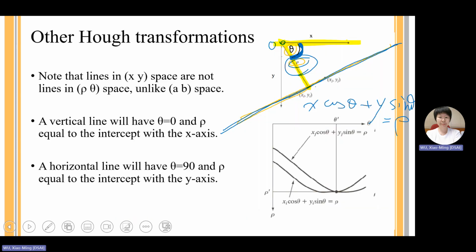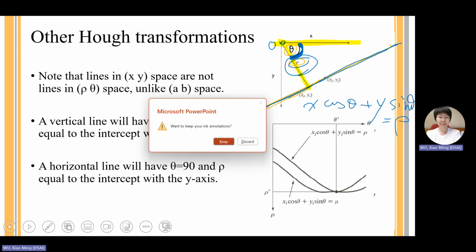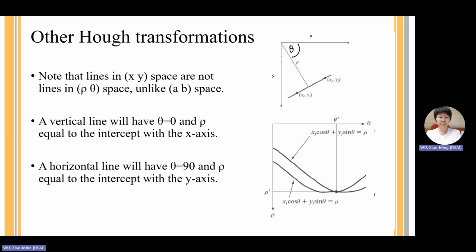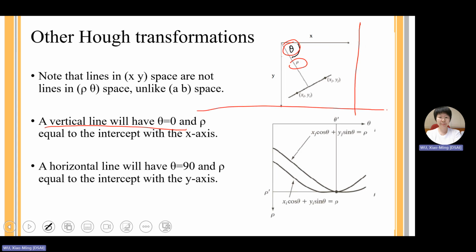Now the straight line is represented using theta and rho, so now we can represent a vertical line. A vertical line corresponds to theta being 0, while a horizontal line corresponds to theta being 90.